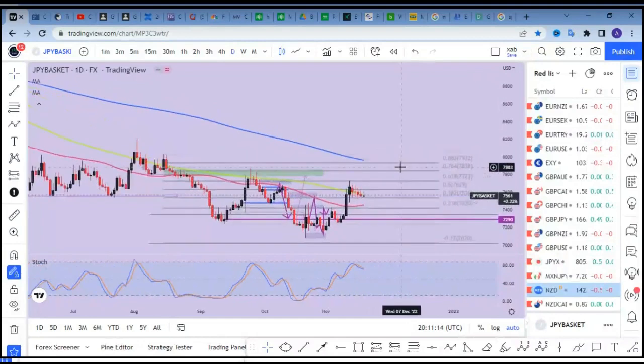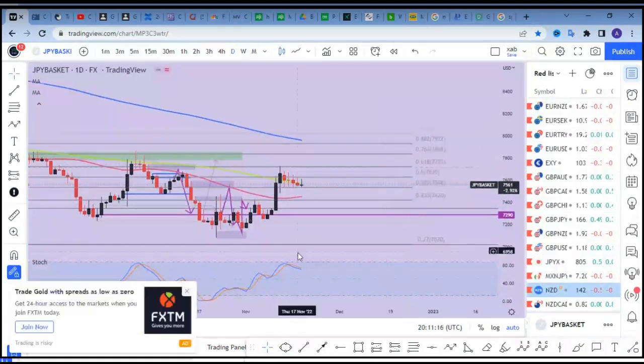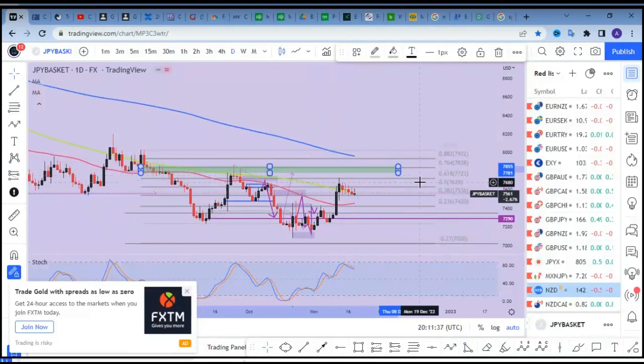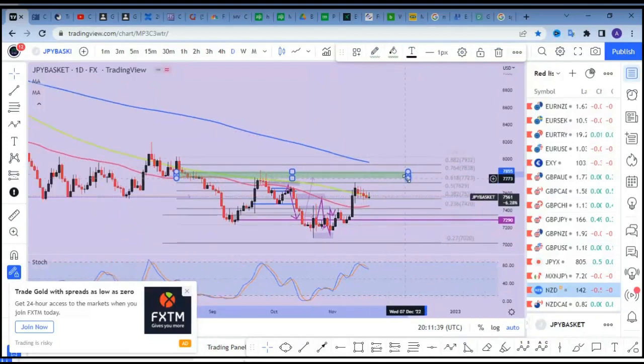Yeah, so this is the yen basket. As you can see, this was the early October prediction that it was going to drop, followed by the late October prediction that it was going to spike higher, then drop. Currently this is the spike higher. You can see that I already have my Fibonacci marked out, and the demand and supply zones also marked out.